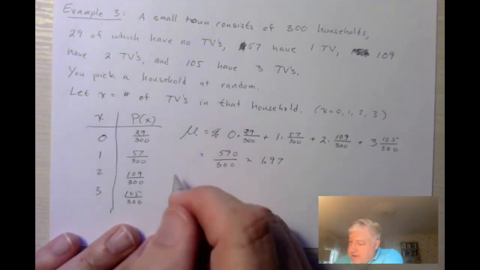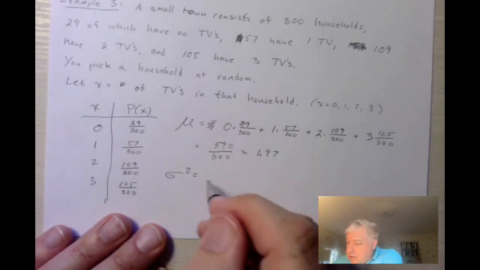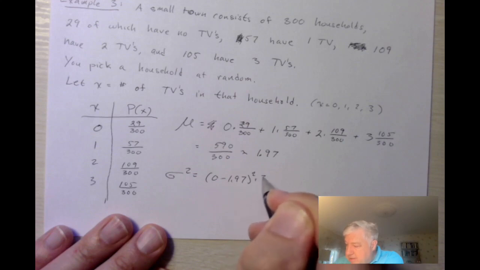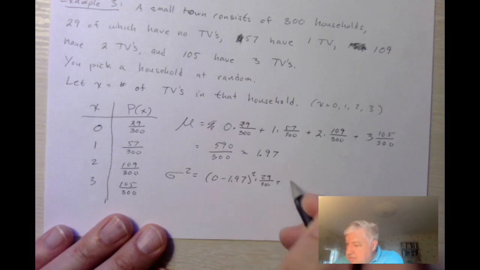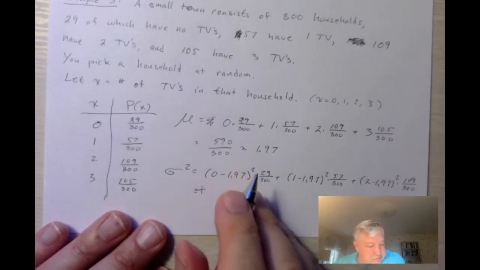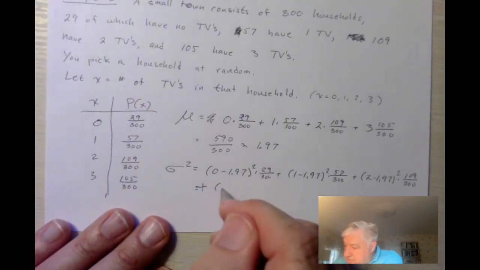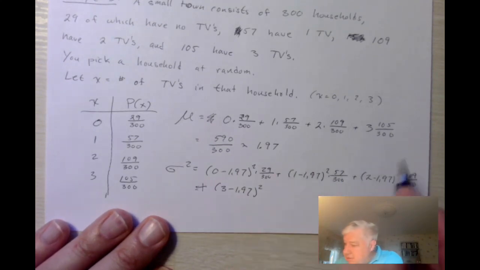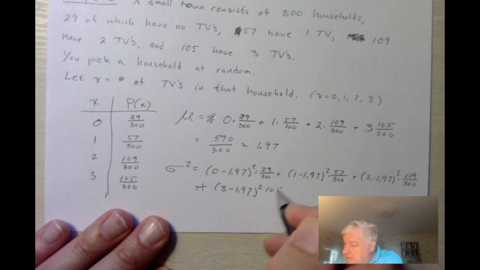And then the variance would be computed this way: 0 minus 1.97 squared times this probability plus 1 minus 1.97 squared times this probability plus 2 minus 1.97 squared times 109 over 300 plus 3 minus 1.97 squared times the probability, which is 105 over 300.